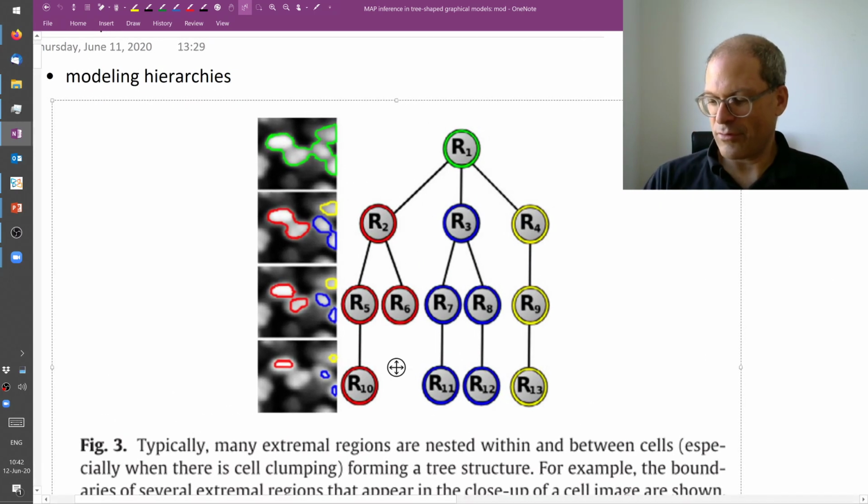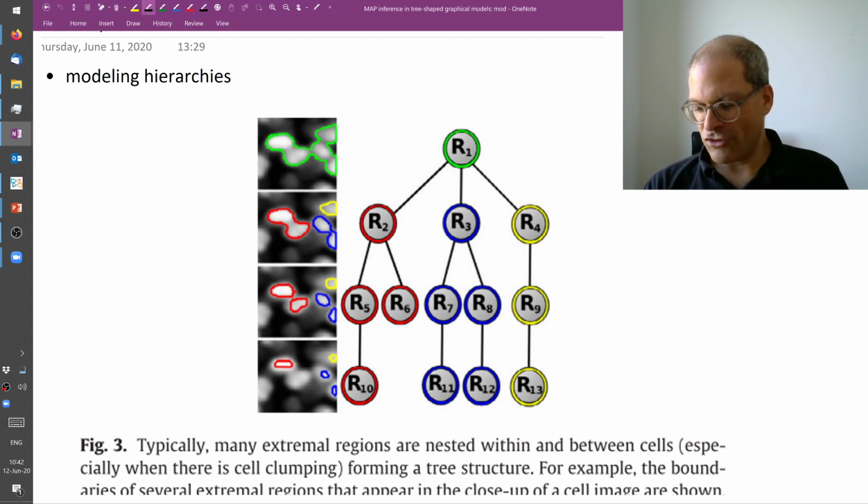and so this tree here represents these various segments, and we then have some function, not shown here, that gives us a figure of merit for each one of these segments.